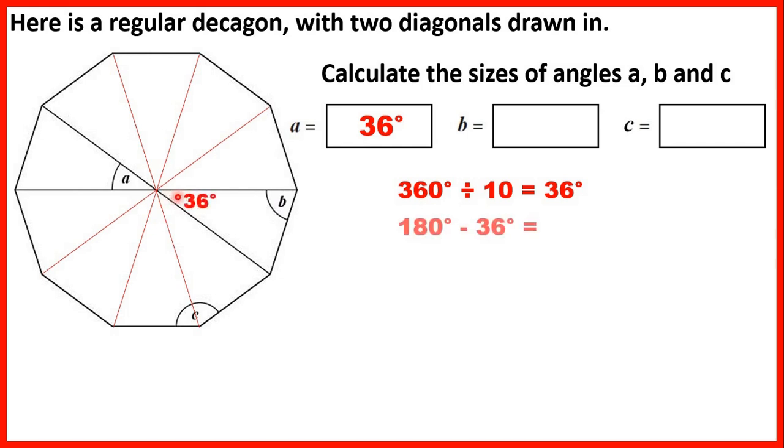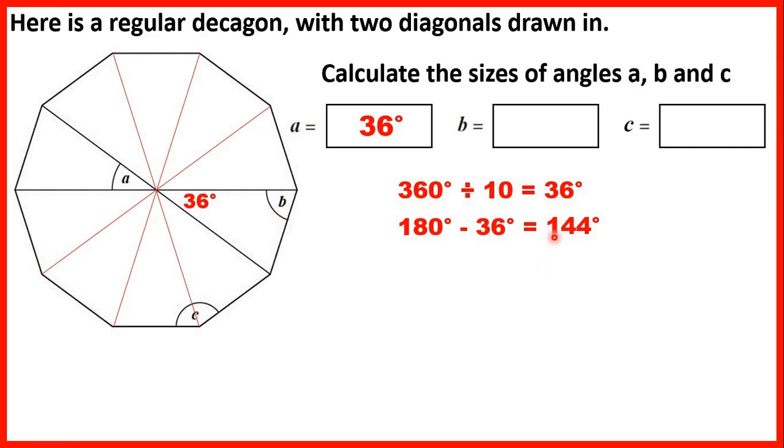Now in a triangle, angles add up to 180 degrees, so if we subtract 36, that tells us that these two angles here will have a total of 144. And because it's a regular shape, these two angles at the bottom of the triangle will be the same.